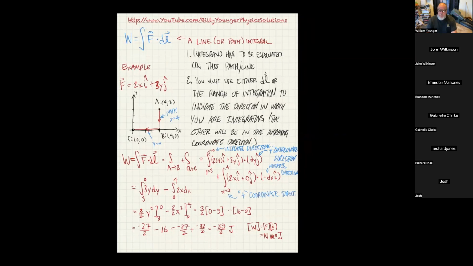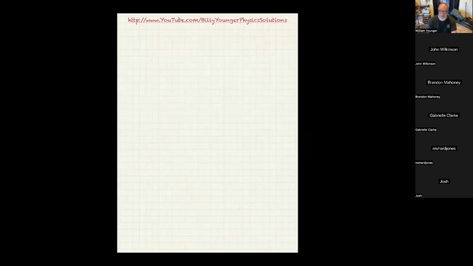All right, so let's go on now and make some use of this. So we see in simple cases, like if I'm pulling a box like this across the surface, and let's say I'm pulling it with a force of 50.0 newtons at an angle.